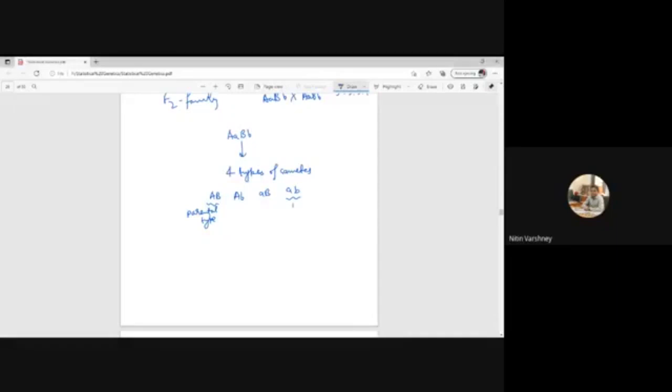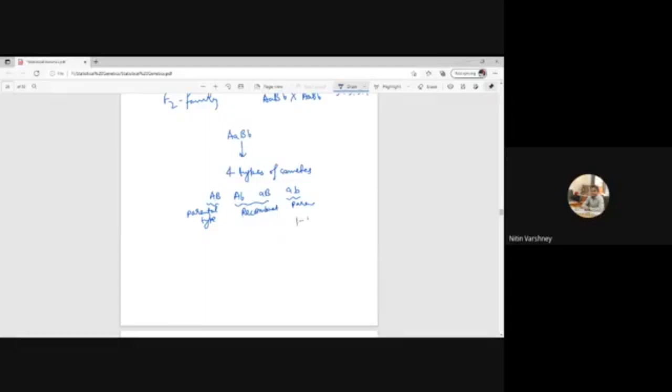And this is the non-recombinant or parental type. And I told you that we have to check the probability of crossing over, that is P.